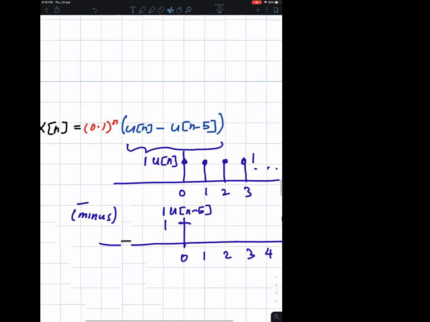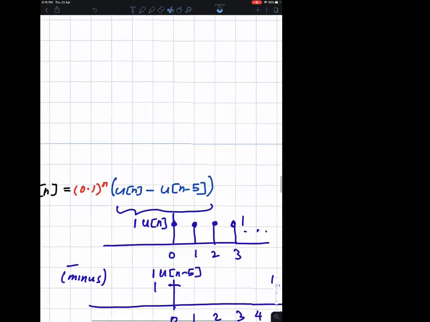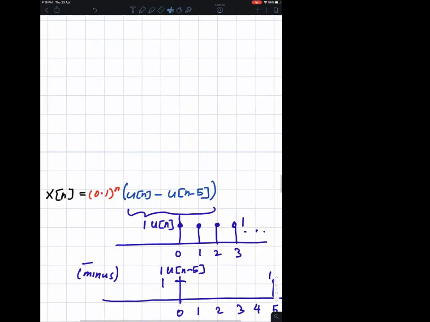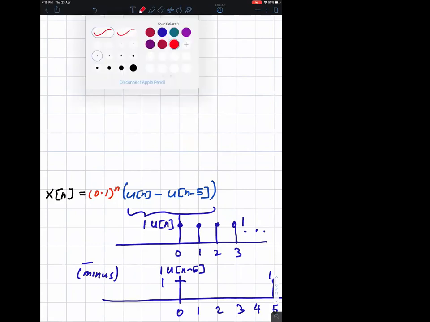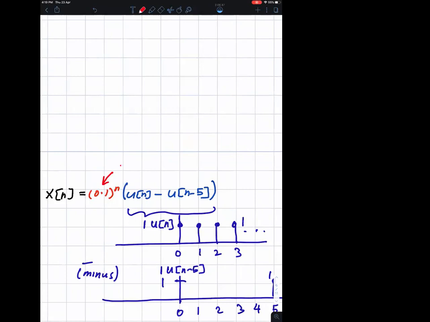This is the amplitude. You're subtracting them, and then you're going to multiply by 0.1 to the power of n. As n becomes bigger, it's going to attenuate the signal.